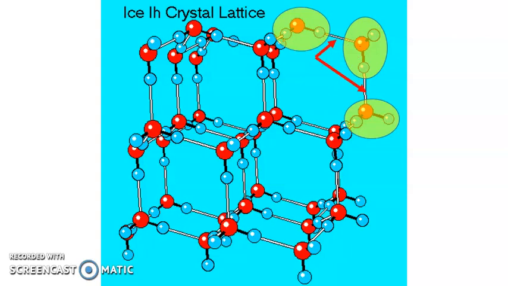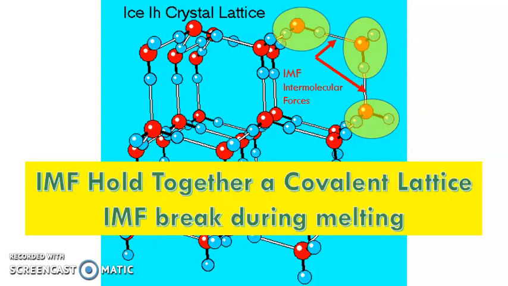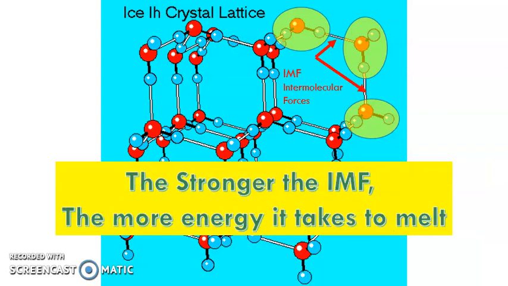But when we take a look at what's holding each water molecule to another water molecule in that ordered crystal solid, we notice that they are called intermolecular forces, in this case, hydrogen bonding, which is quite strong. And it's these intermolecular forces that need to break during the melting process. Therefore, the stronger the intermolecular force, which is what needs to break to get this stuff to melt, the more energy it's going to take to melt that substance.